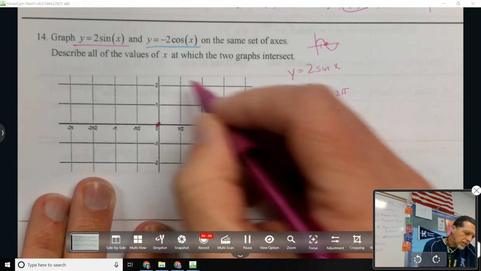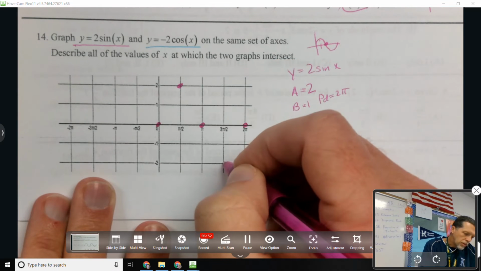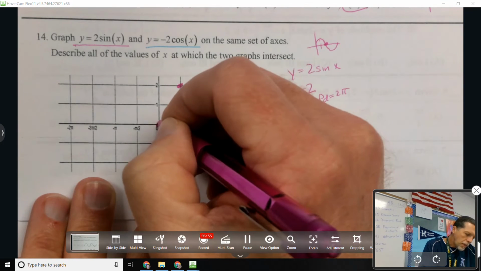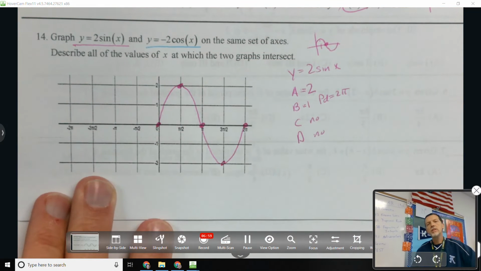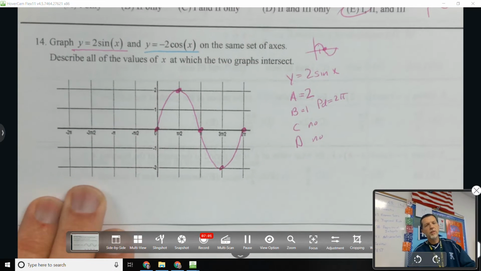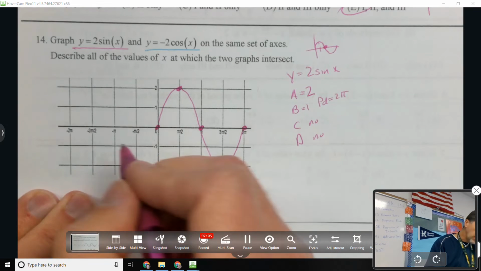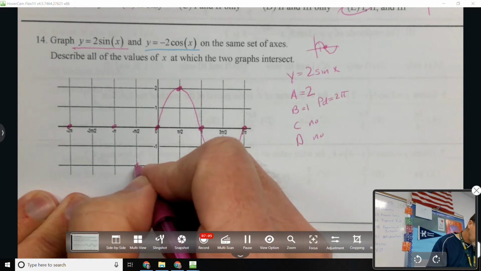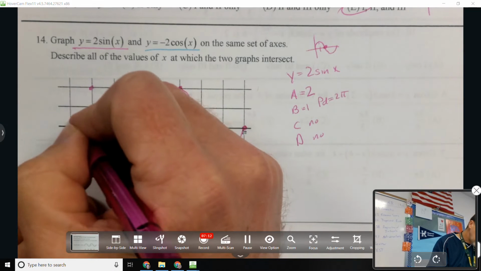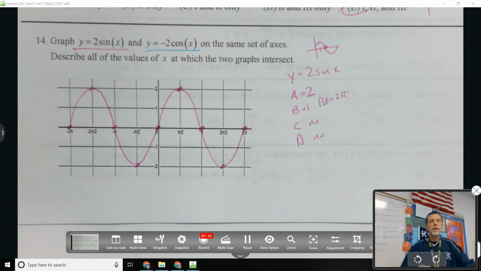Half of that, I'm at a maximum, but the maximum's up at 2. Minimum's down at negative 2. So there's y equals sine of x, but stretched. And let's copy it over into the negatives. Yeah, my sine graphs are looking good.